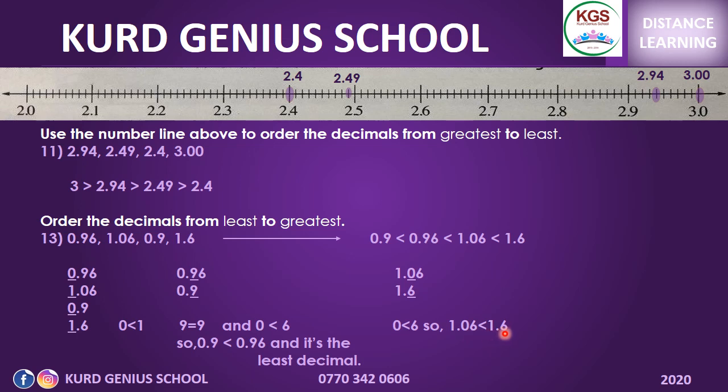So 1 and 6 tenths is the greatest. Now, if we order the numbers from least to greatest, we say that 9 tenths is less than 96 hundredths, less than 1 and 6 hundredths, less than 1 and 6 tenths.